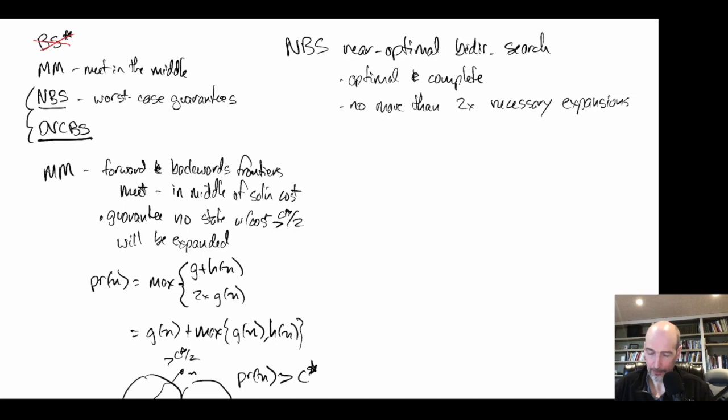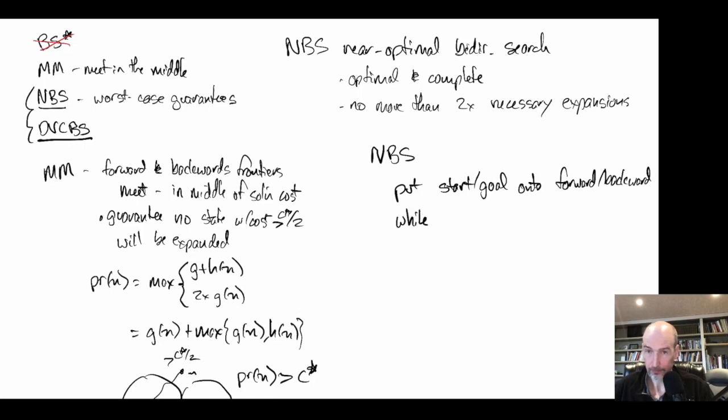And so NBS looks something like this. We're going to say put start and the goal onto the forward or backwards queue. Okay. And then we're going to say while the queues are not empty and we don't have a solution, then what are we going to do?